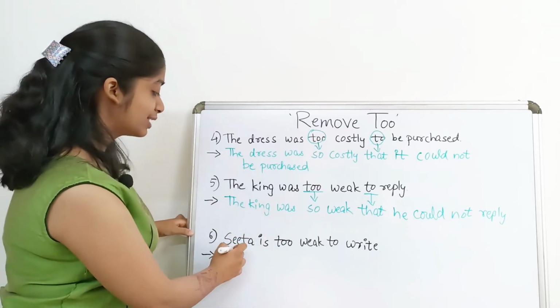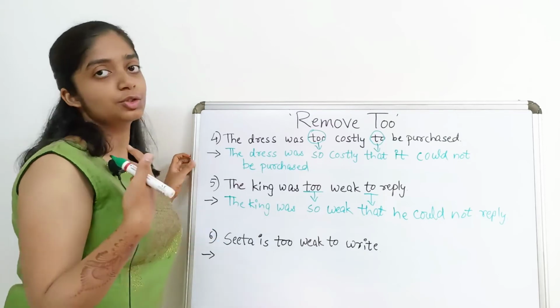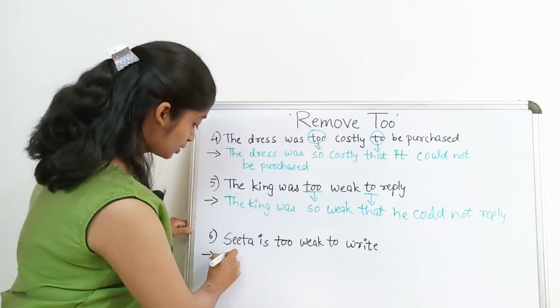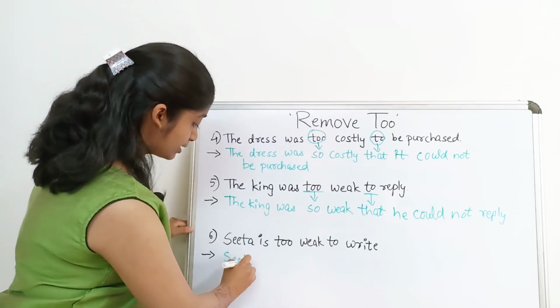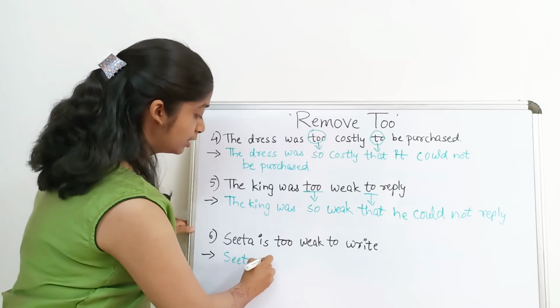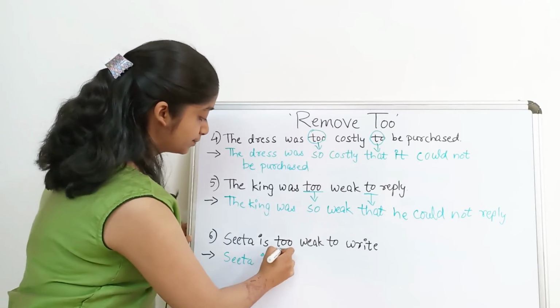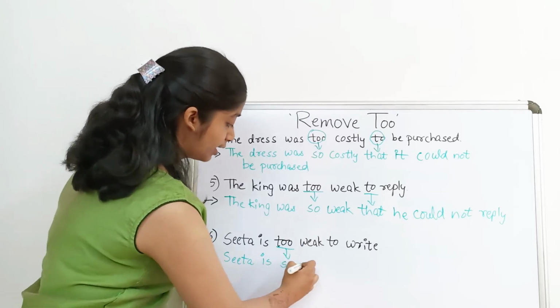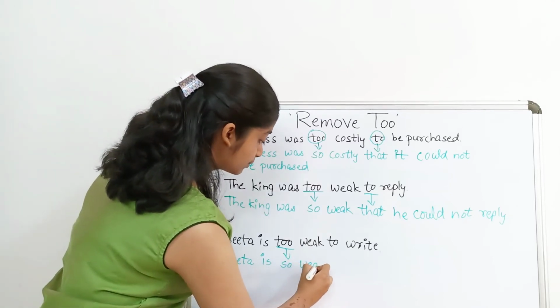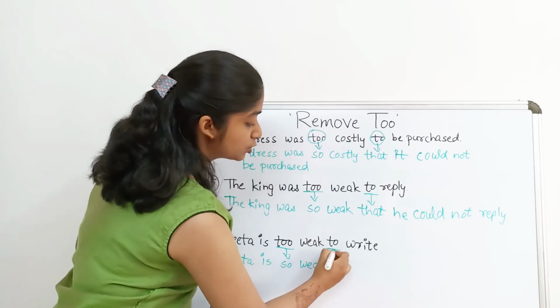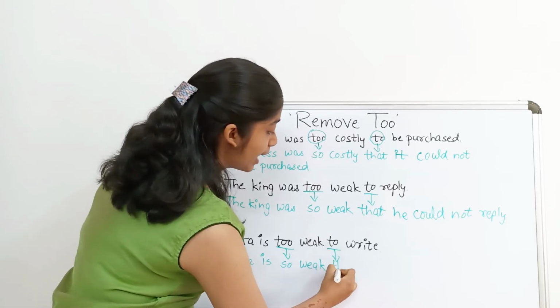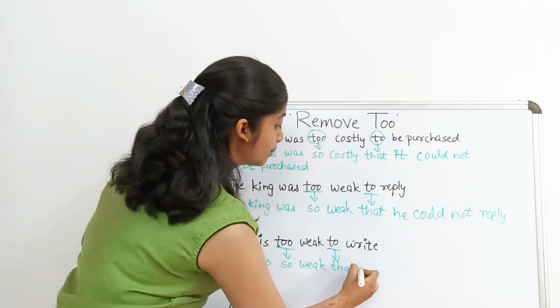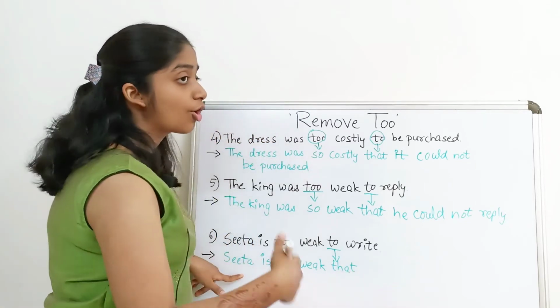Another one is, Sita is too weak to write. So, Sita is the subject over here. Sita is, instead of this "too", we will write "so". Sita is so weak, and instead of this "to", we will write that plus subject plus cannot or could not.